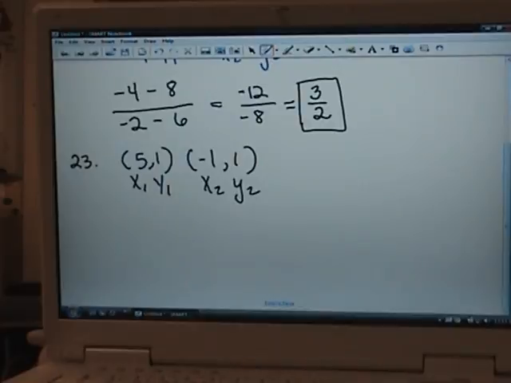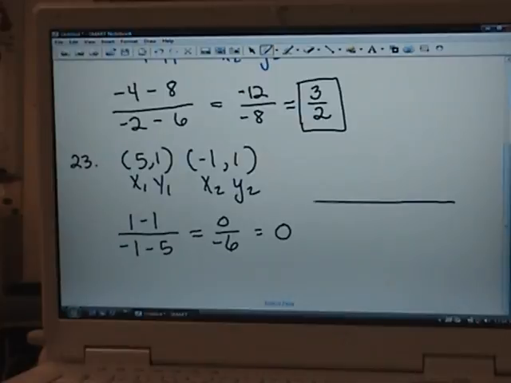Plug it in. 1 minus 1 over -1 minus 5. 1 minus 1 is 0. -1 minus 5 is -6. When you have 0 in the numerator, that equals 0. 0 slope is a flat line. There is 0 slope.